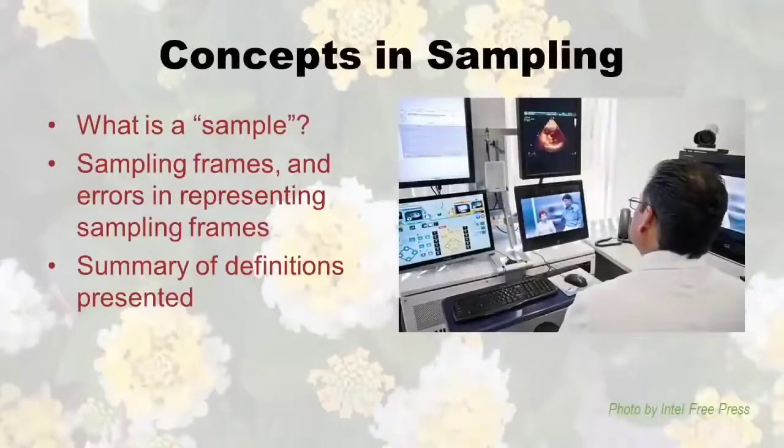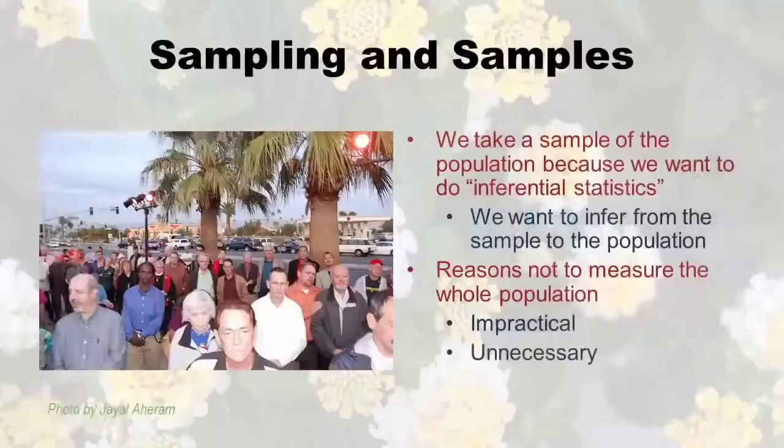What is a sample? We're going to revisit that concept from the previous lecture. We're also going to talk about sampling frames and what errors mean and errors of sampling frames. And then we're going to go back over that and make sure you understand before we go on and talk about the different types of sampling.